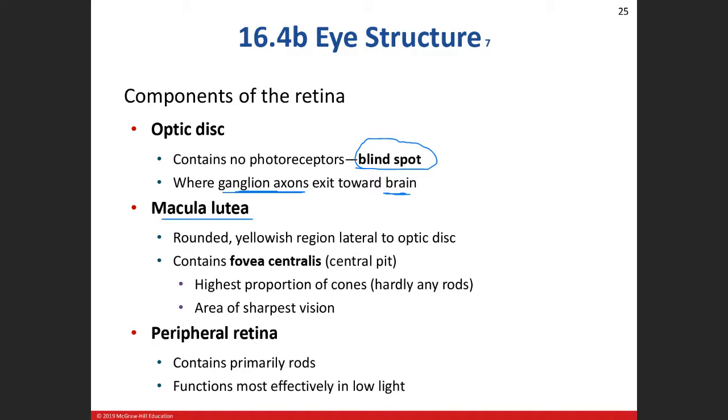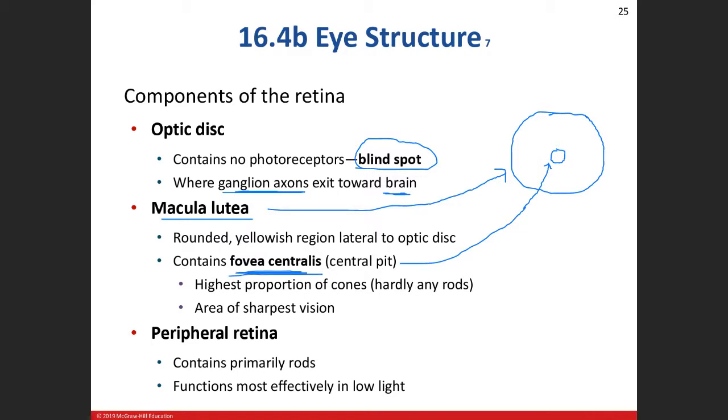The macula lutea, remember the fovea centralis and the macula lutea? The macula lutea was this rounded structure, and at the center of it, in your model, it looked like a little brown or yellowish dot. That's the fovea centralis. So the macula lutea is this structure, and the fovea centralis is that little dot at the center. But here's the important thing, the fovea centralis is really the important part.